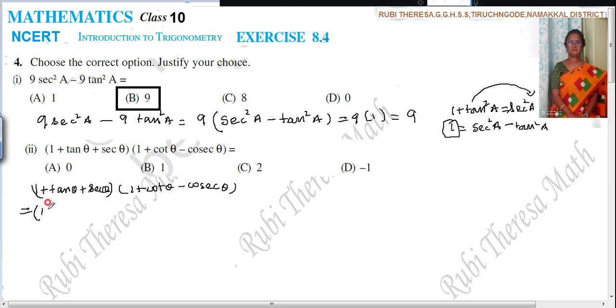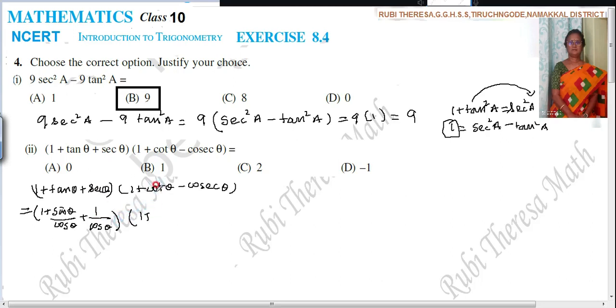Here tan theta can be written as sin theta by cos theta, plus secant theta is nothing but the reciprocal of cos.